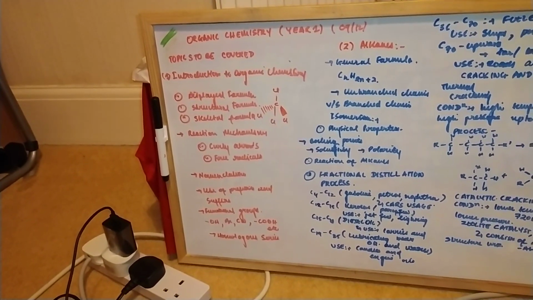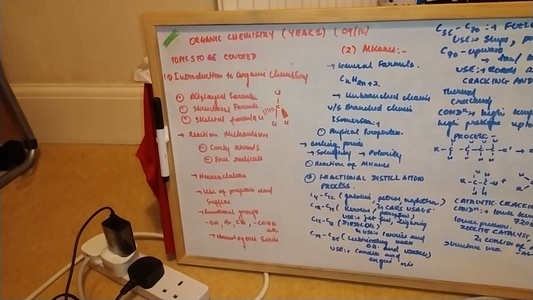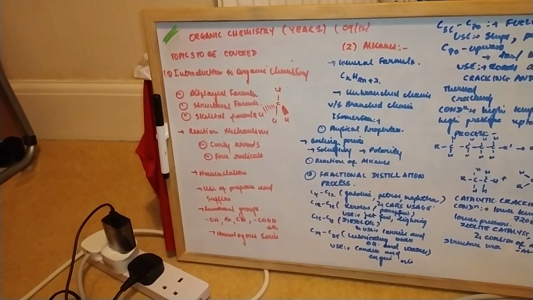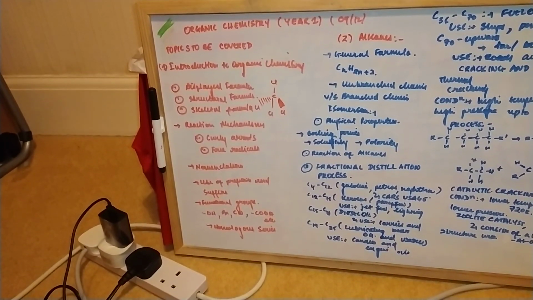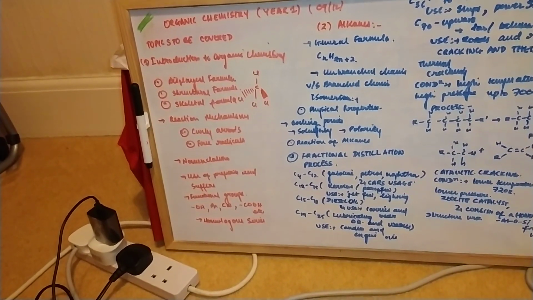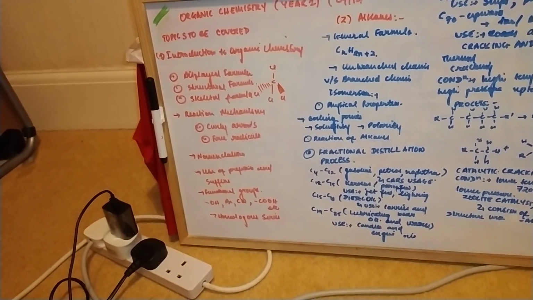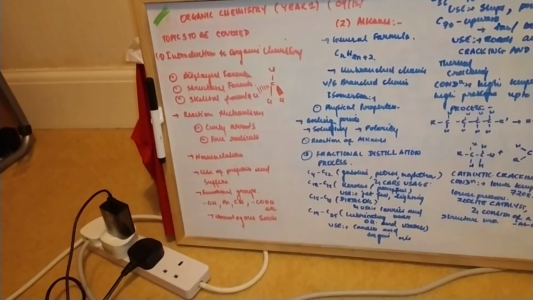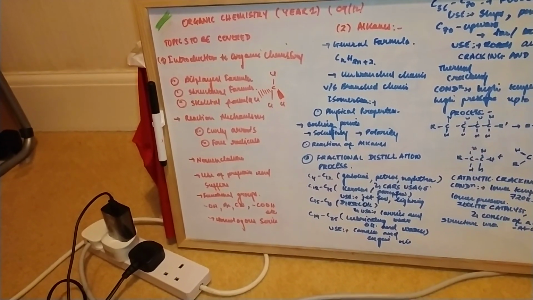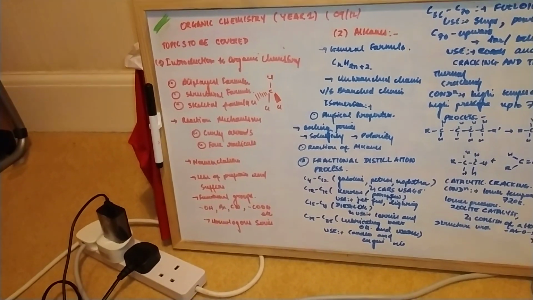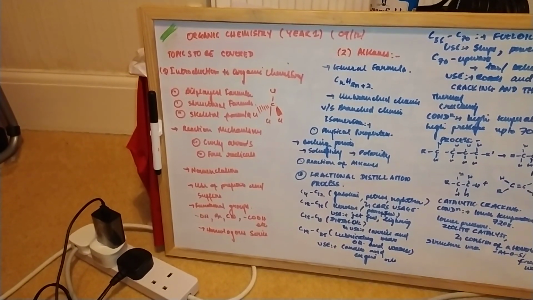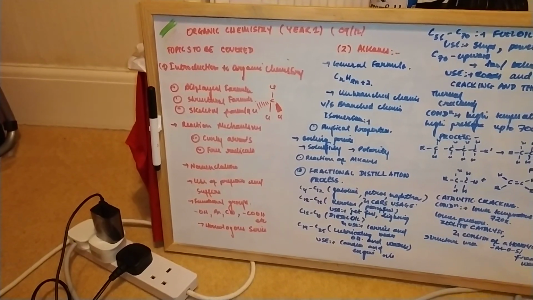Then branched chain alkanes have lower boiling points than the straight chain alkanes with the same number of carbons. This is because they cannot be packed together as closely as unbranched chains, and so the van der Waals forces are not so effective. This is very, very important. That is why, with increased branching, the boiling point decreases.